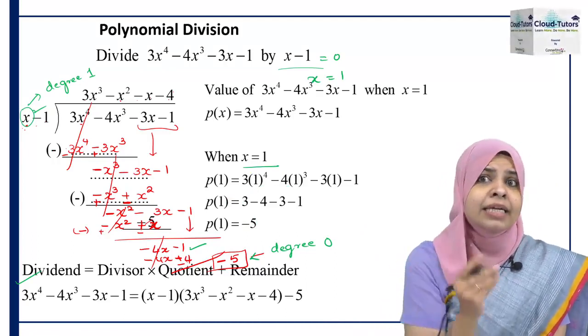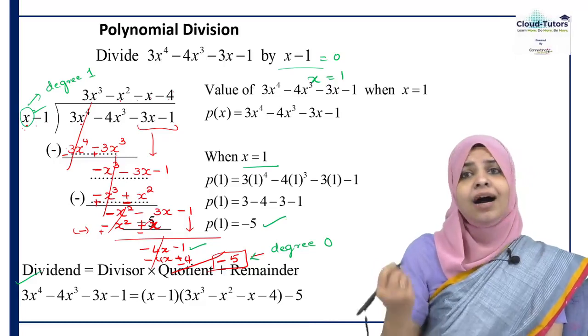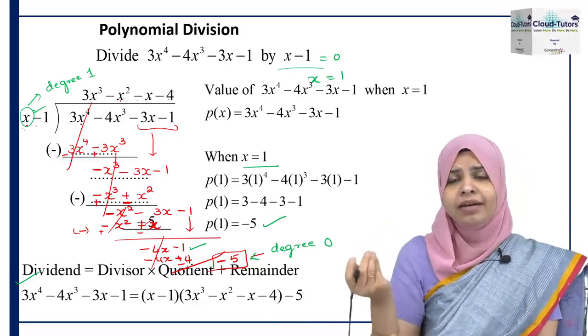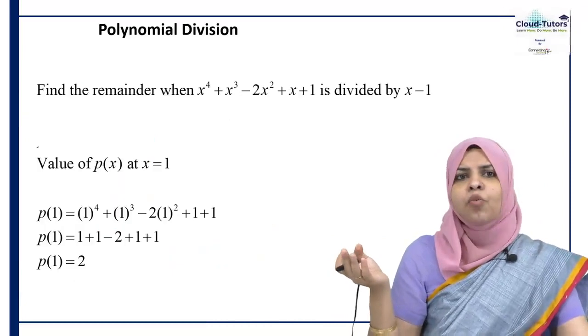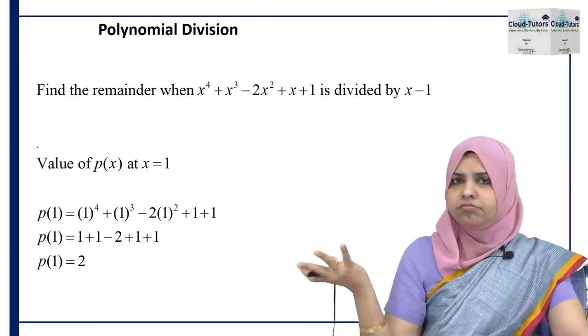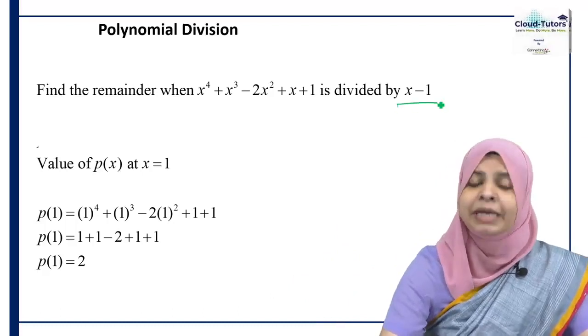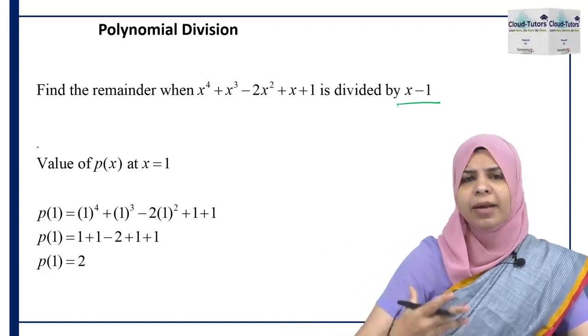Without any division, I have found directly the answer, or should I say the remainder, which is minus 5, right? So this is what is known as my remainder theorem. We are moving into the next concept, that is remainder theorem.